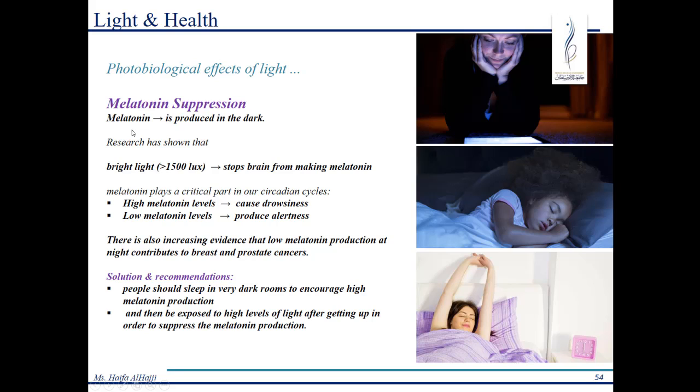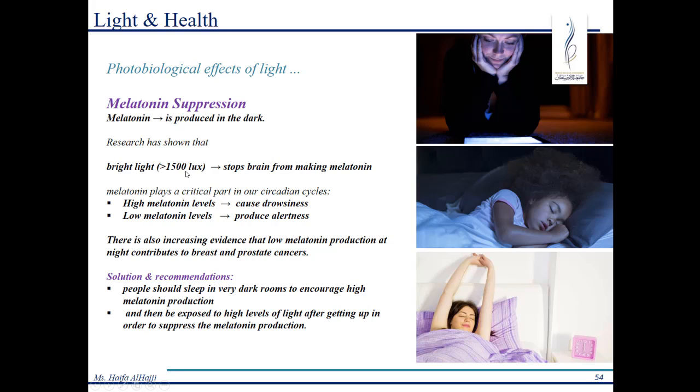Now, if this is avoided at night, I'm not going to get any melatonin. For example, if I have high levels of lighting at night, I'm not going to get any melatonin. So with low levels of melatonin, I'm going to be more alert.